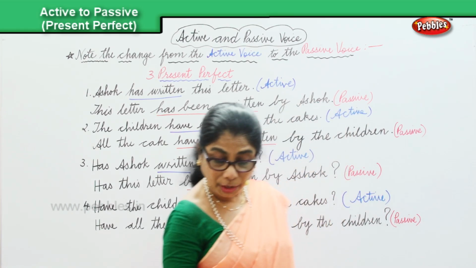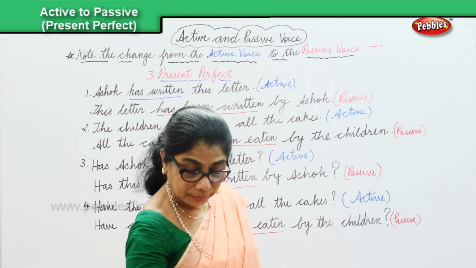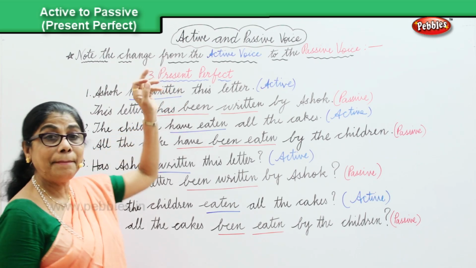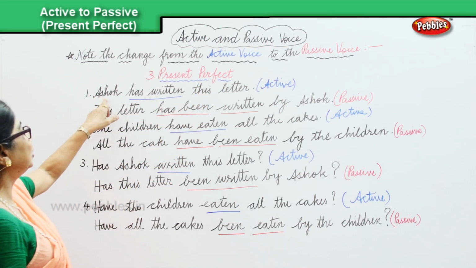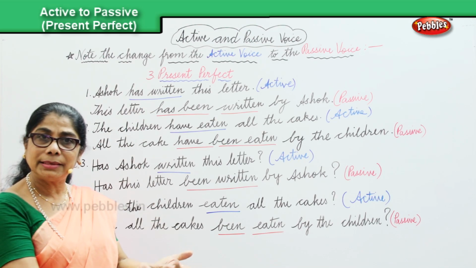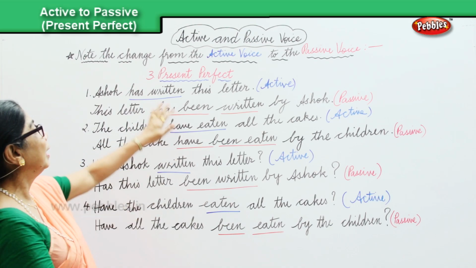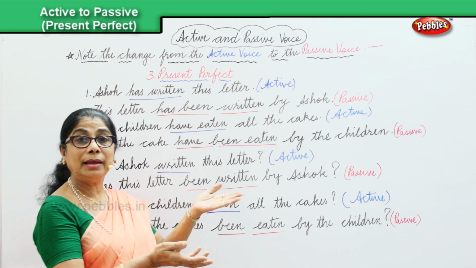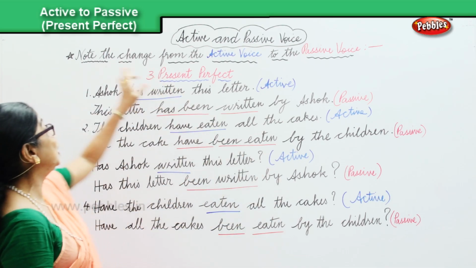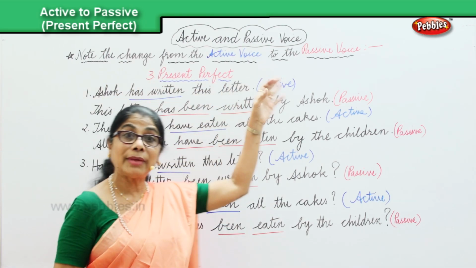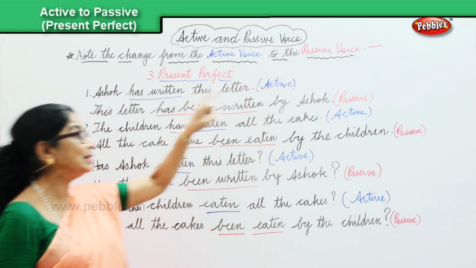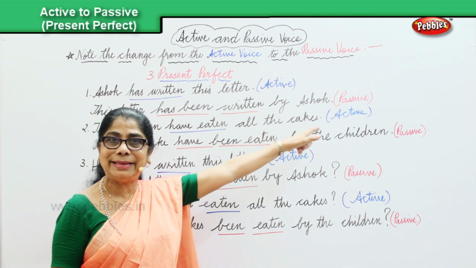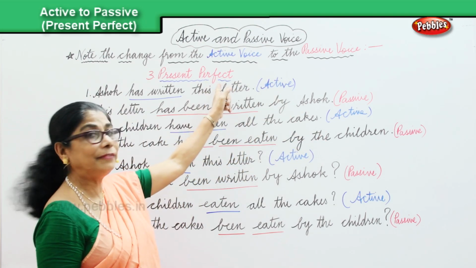Now, what have we done now? We are looking at the changeover from the active into the passive in present perfect. Now, Ashok has written this letter, active and present perfect. This letter has been written by Ashok, passive. Second sentence. The children have eaten all the cakes. Present perfect.